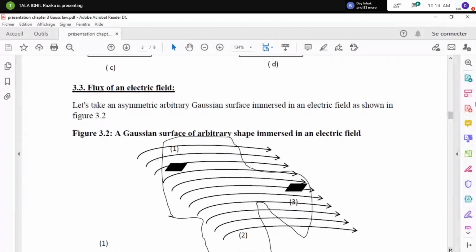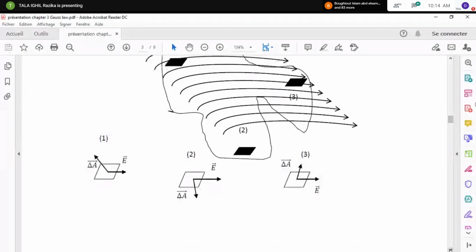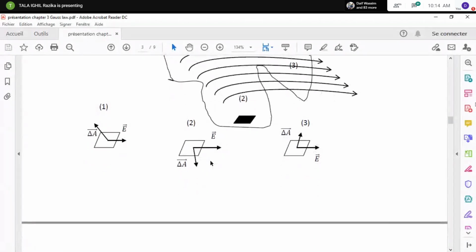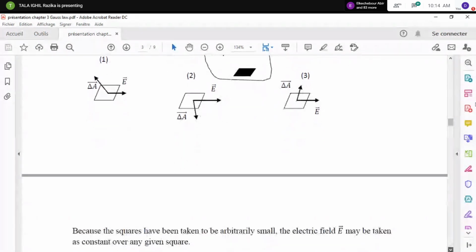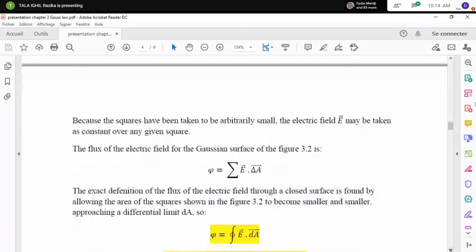So here, because the electric field is constant, in the integral, we can take it out of the integral. So we have many possibilities, and we remark that to get the flux, you must just calculate the dot product between E and A.